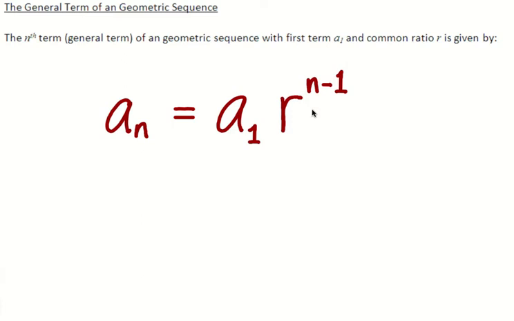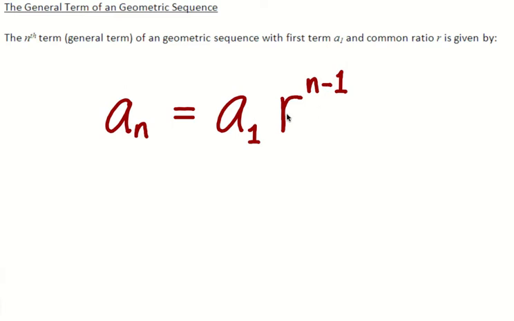And this formula makes a lot of sense because, let's go a little simpler. Let's say you wanted to jump ahead to the 10th term. Wouldn't that just mean you were going to multiply by the common ratio 9 times? You were going to take the first term and just keep multiplying by r, but only multiply by r 9 times in order to end up at the 10th term?